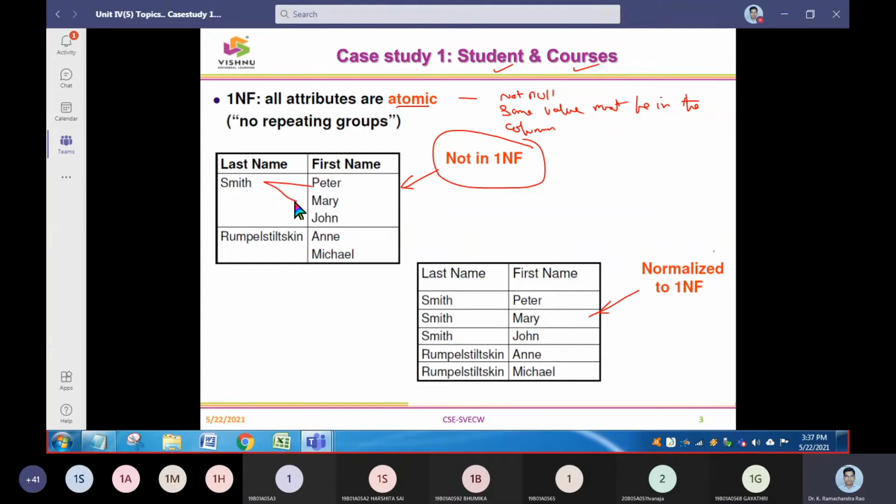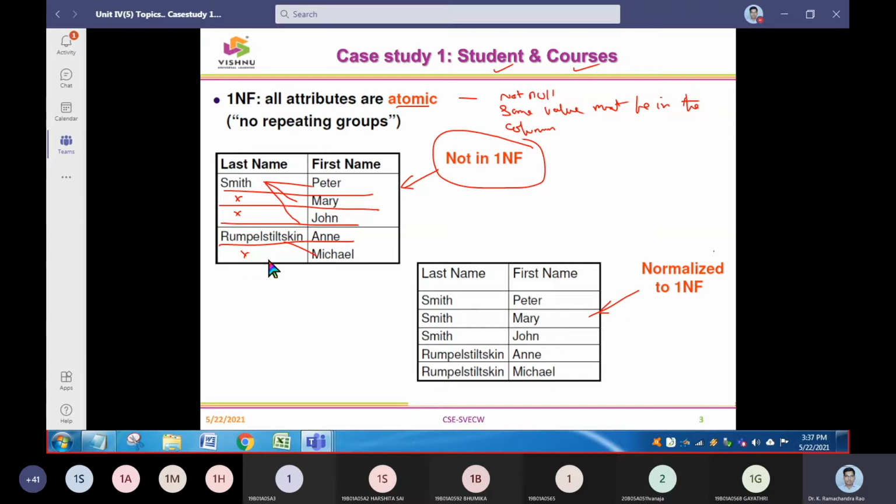Smith Peter, Smith Mary, Smith John. But Smith was missing before the row Mary, before the row John. Rao Nina and Rao Michael. But for Rao Michael, the Rao was missing.